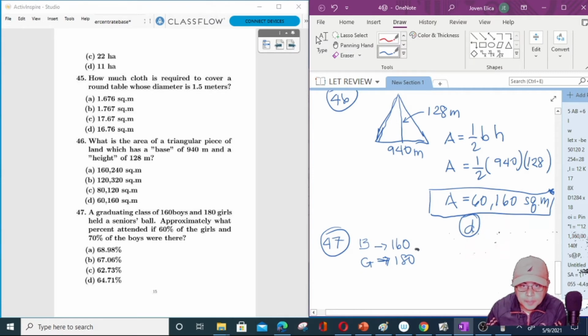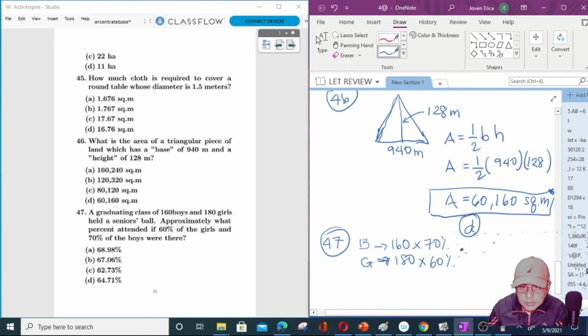So, the boys is 70%. That means we just multiply 70% of this and 60% of the girls of 180.